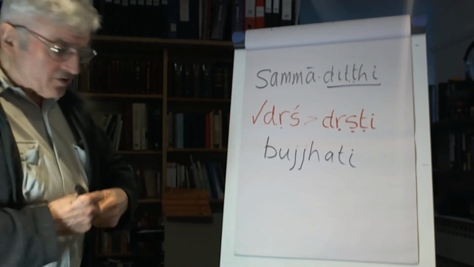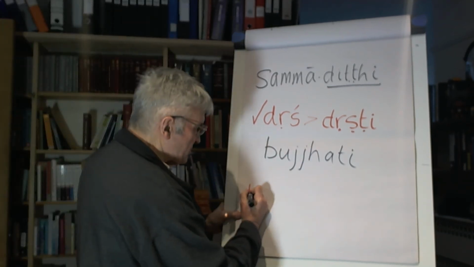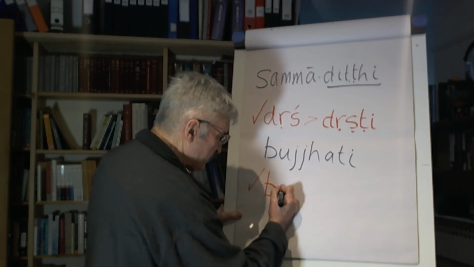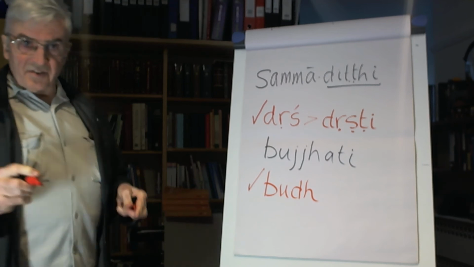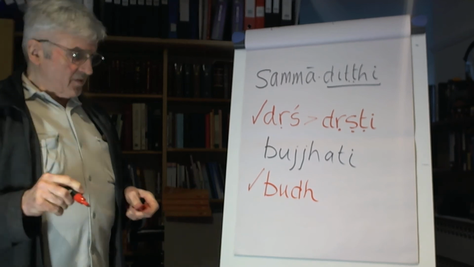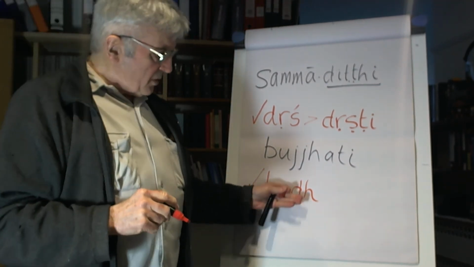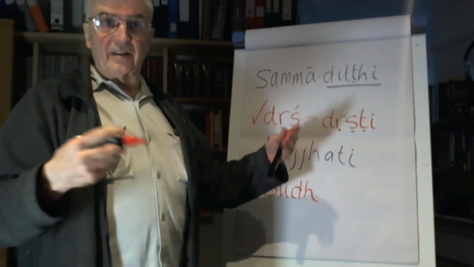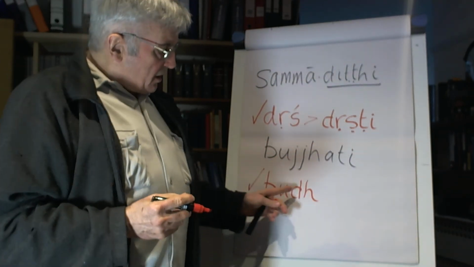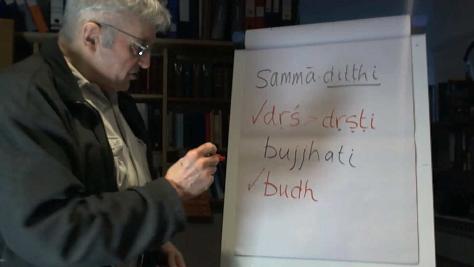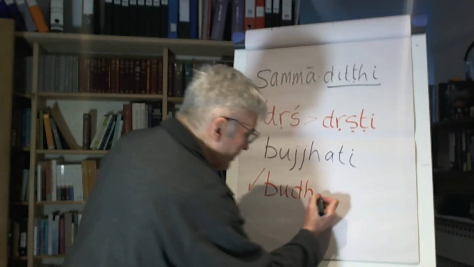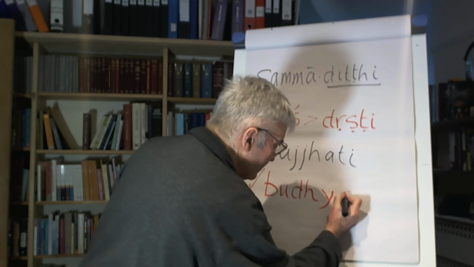What it is, it's our familiar root budh. There is a certain category of verbs in Sanskrit where you don't just add ati, as for he goes, gacchati, vadati, but you insert a ya. So he wakes up is budhyati.